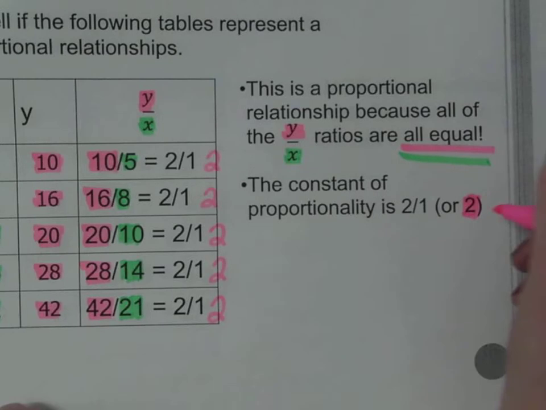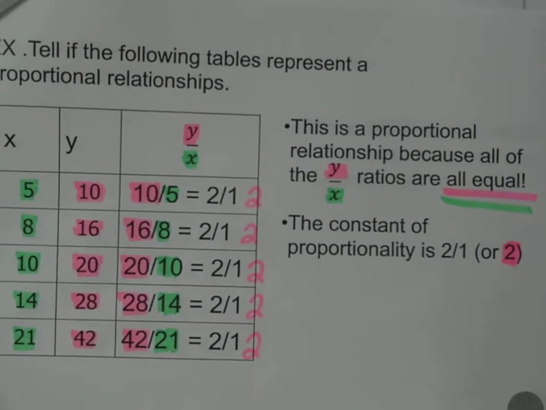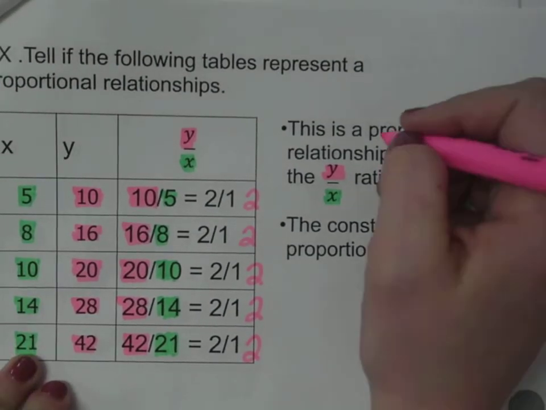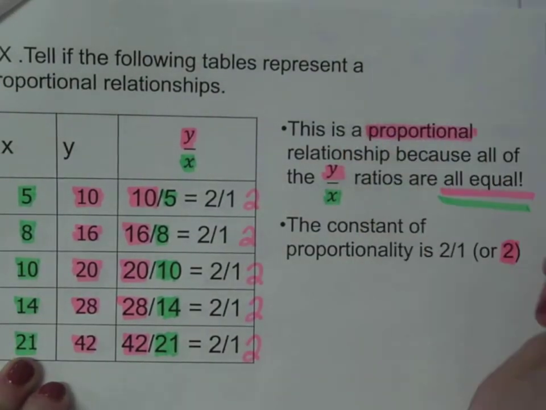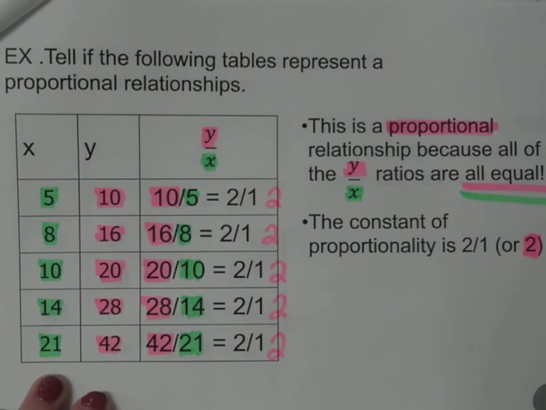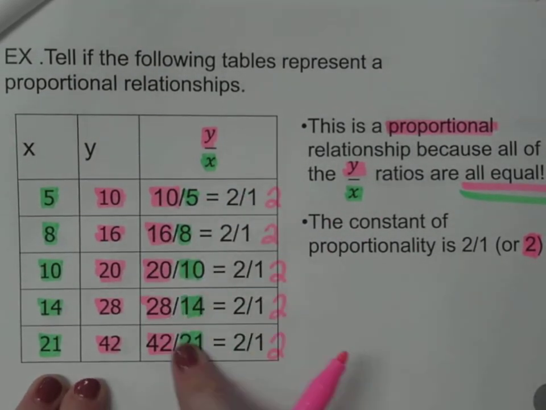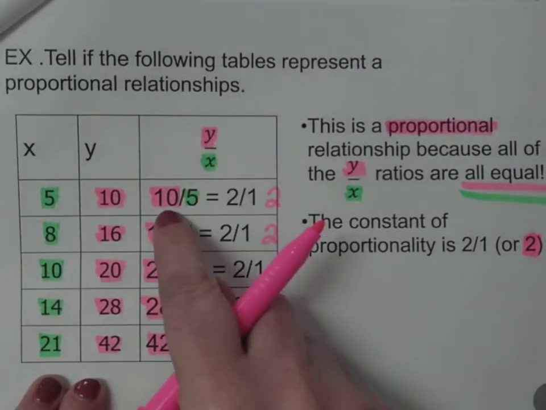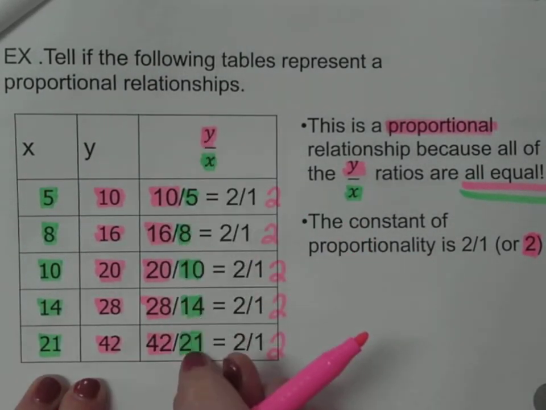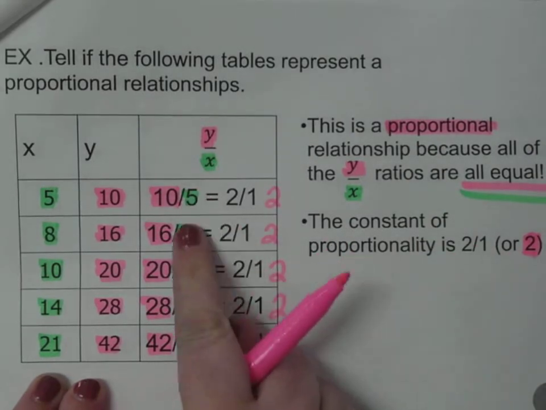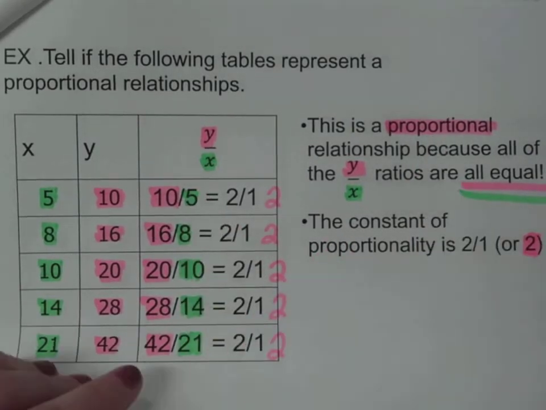Okay, so this one is proportional. You typically will have to find the ratios here, and since all of those ratios are the same, it is proportional.